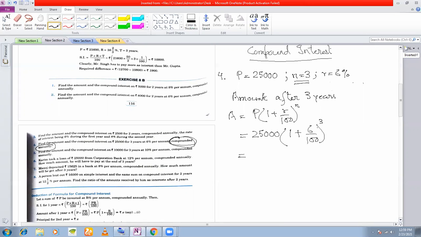Okay. So now we are going to evaluate this. You can cancel here 50. You're getting 25,000 into (1 plus 3 by 50) whole cube, 25,000. Now take the LCM within this. You get 50 and you get (50 plus 3) whole cube.